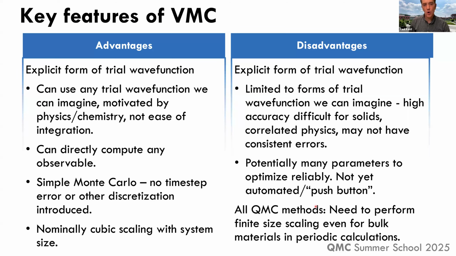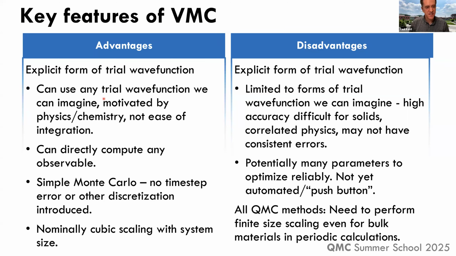Now, before opening up to questions, let me try and summarize some of the advantages and key disadvantages of Variational Monte Carlo. So first of all, the big advantage is that we can put in essentially any form of trial wave function and really anything that we can imagine motivated by, for example, particular physics or chemistry, certain pairing.